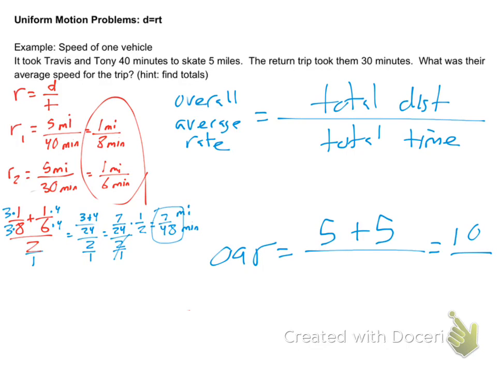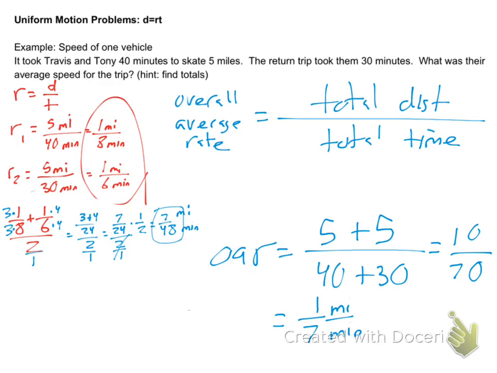But then I say, hey, how long did it take me to go? It was 40. How long on the way back? On that second trip for a total of 70. Wait a minute. That can be reduced. Which would be 1/7 or 1 mile per 7 minutes. That, guys, is the overall average rate. That was my average speed for the whole entire trip. 1 mile per 7 minutes.